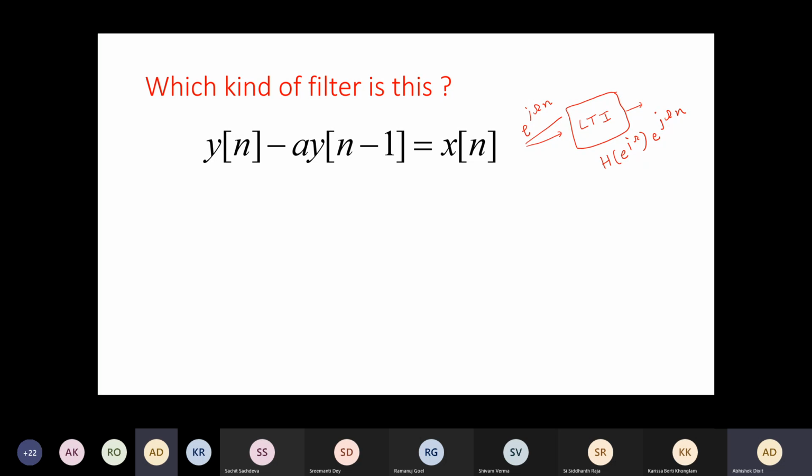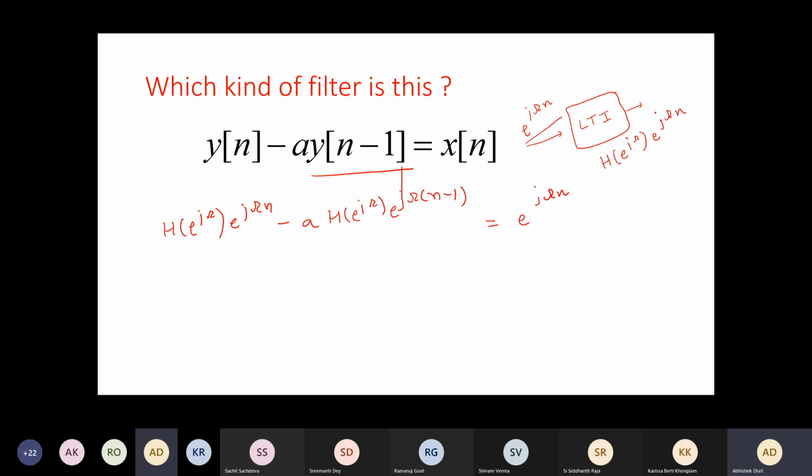So we know if we make x[n] as e to the power j omega n, we can choose x[n] to be whatever, right? Then we know y[n] will be H(e^j omega) multiplied by e to the power j omega n, minus a times this quantity. What would be this quantity? This equation is clear.